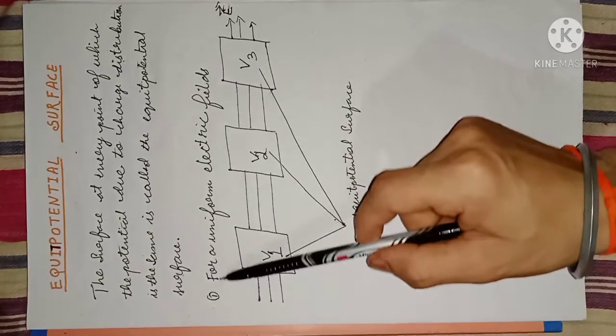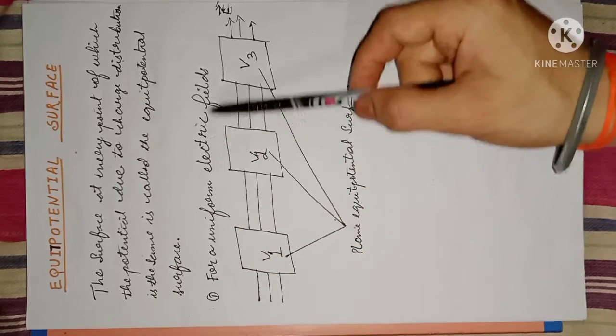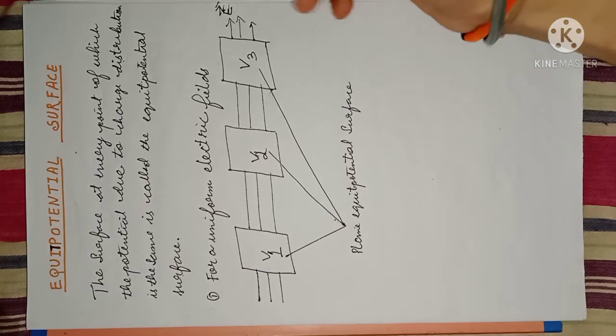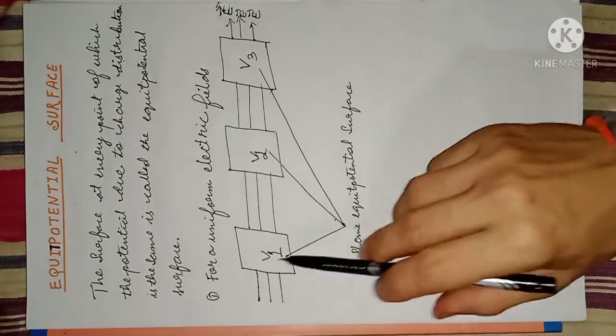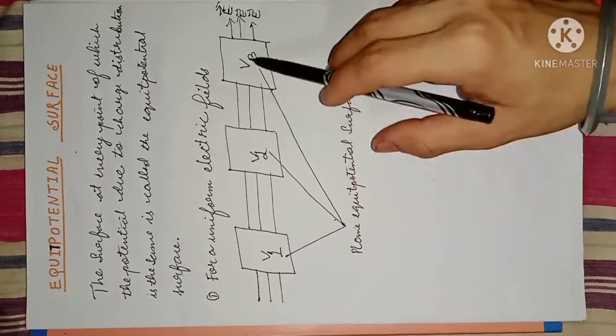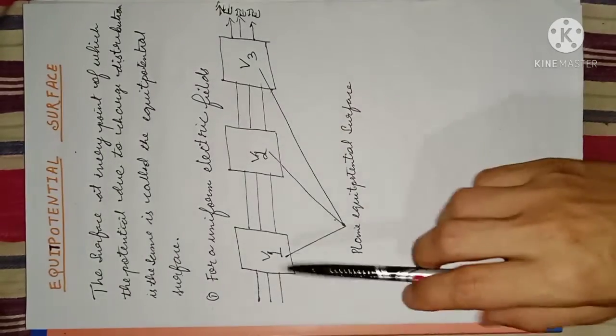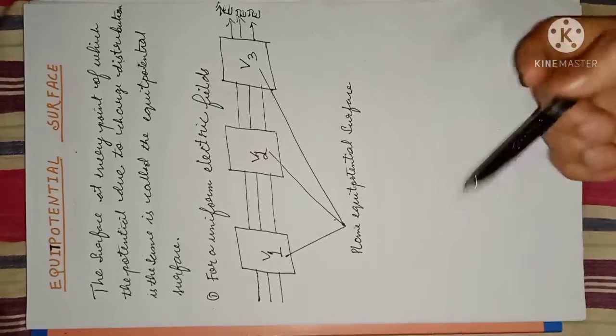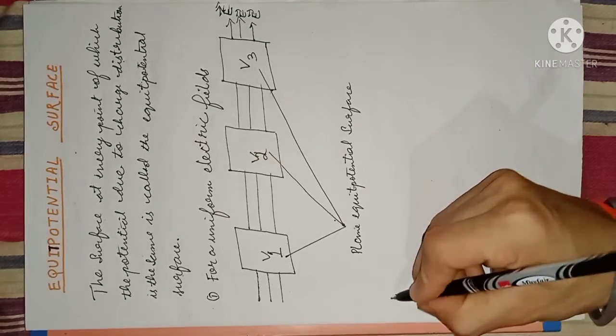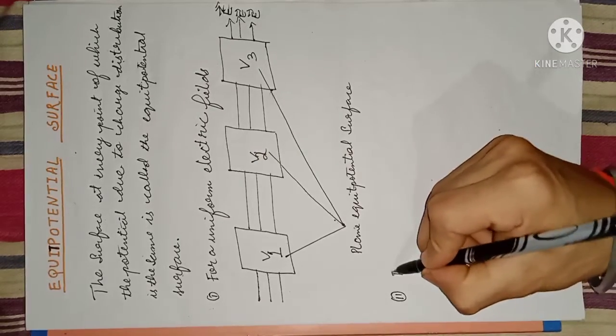For example, you can take uniform electric fields, with potentials V1, V2 and V3, and we can name this one the plane equipotential surface.